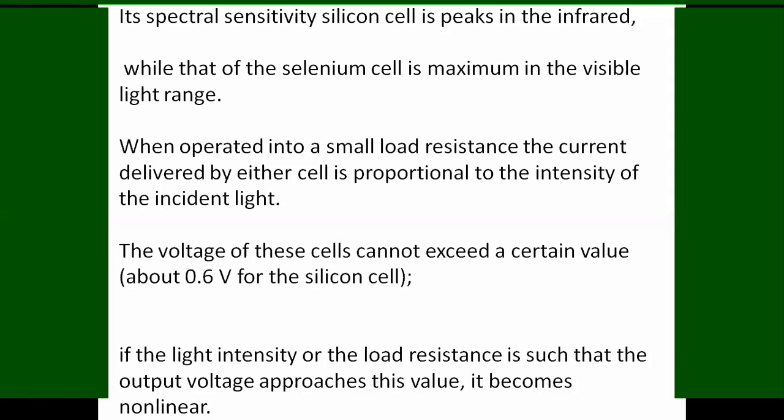This figure shows the spectral sensitivity of the two cells, selenium and silicon. If you observe the frequency range, this is the visible range. Selenium is used in the visible range, whereas silicon is used in the higher ranges.